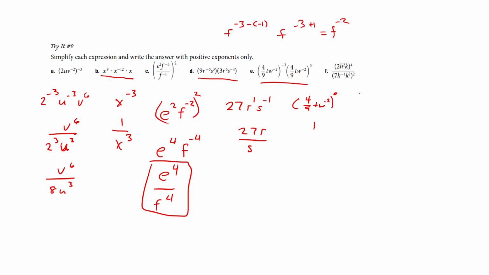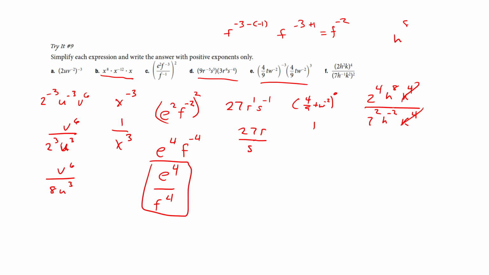Okay, final one here. I'm going to give this 4th power to everything inside. 2 to the 4th, h to the 8th, k to the 4th, over 7 to the 2nd, h to the negative 2nd, k to the 4th. Okay, now these are the same, so they'll go. You can think of it like moving these h's from the bottom to the top is going to make h to the 10th.